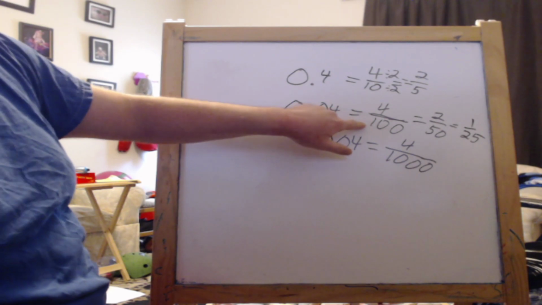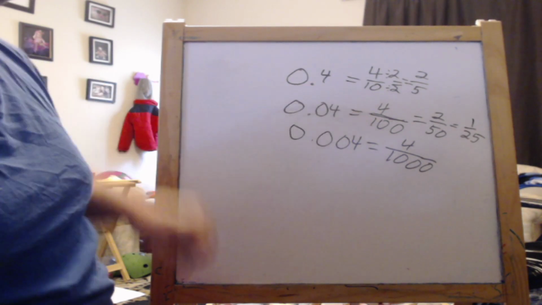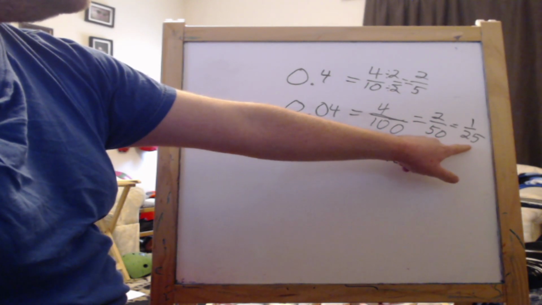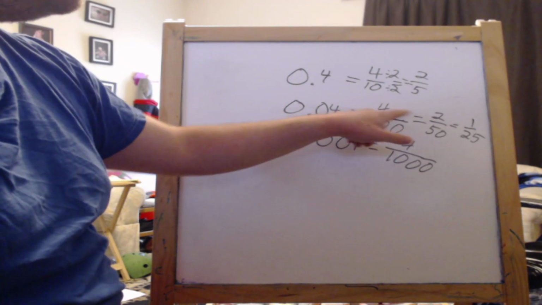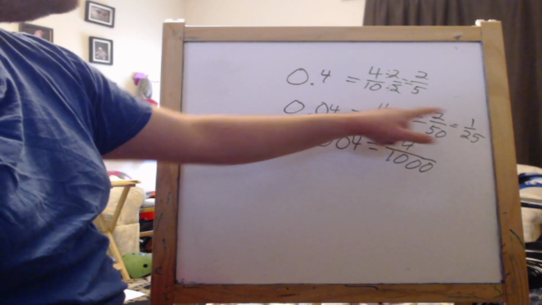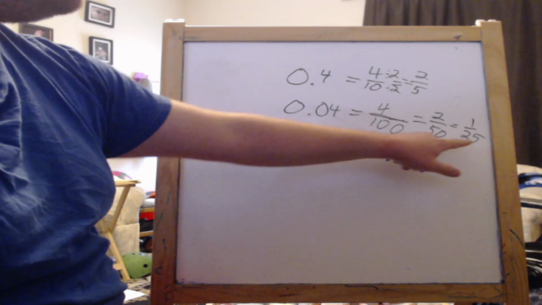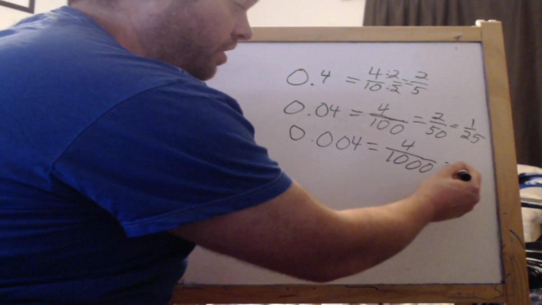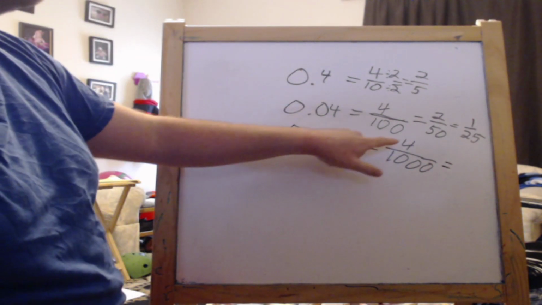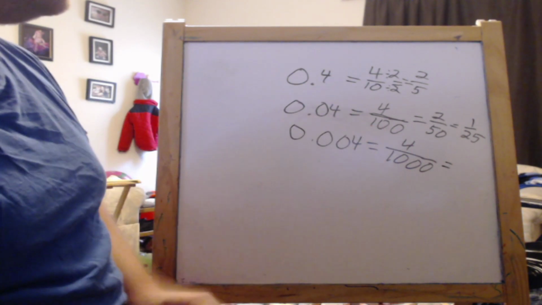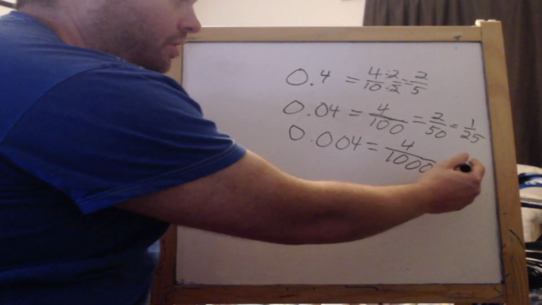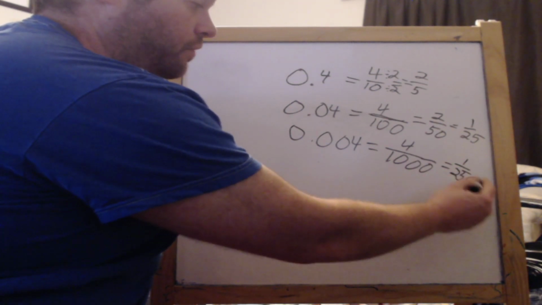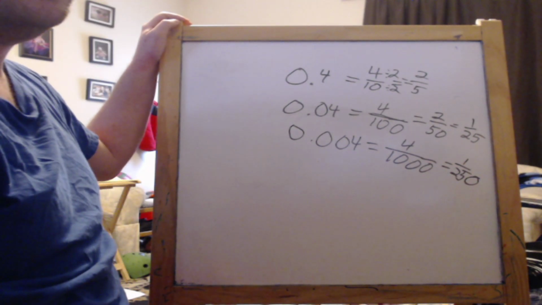Or I could just skip a step, and I know that 4 goes into 100 25 times, so 4 divided by 4 would be 1, and 100 divided by 4 is 25. Now for 4 into 1000, if 4 goes into 100 25 times, then 4 goes into 1000 250 times, right?